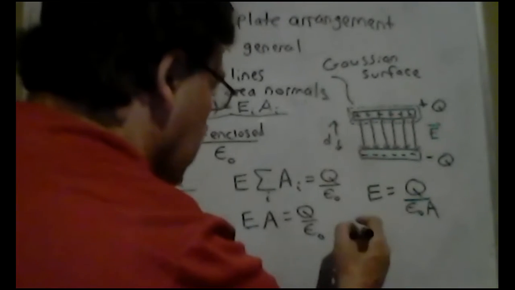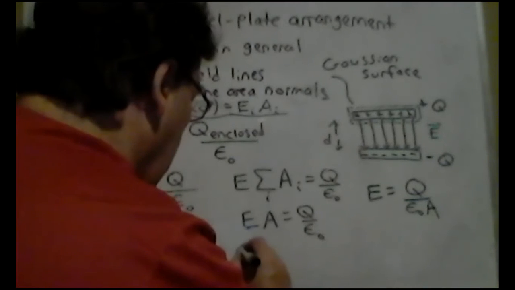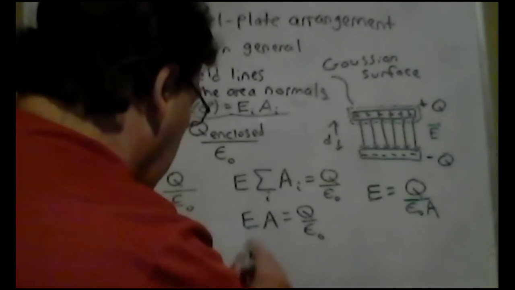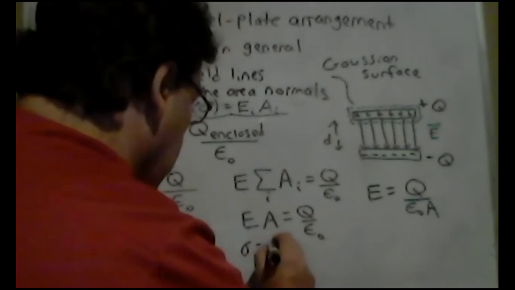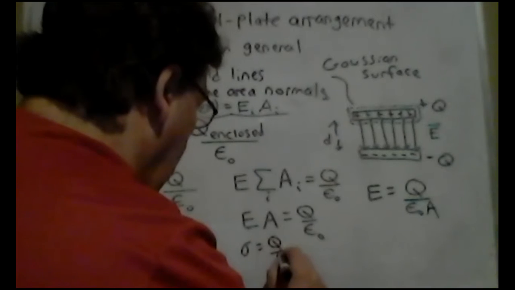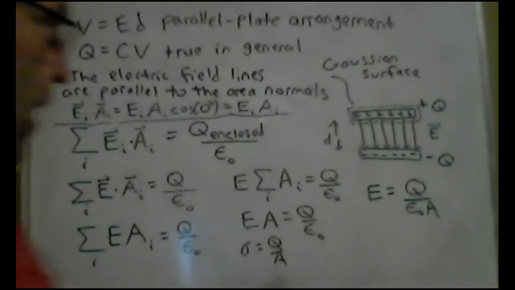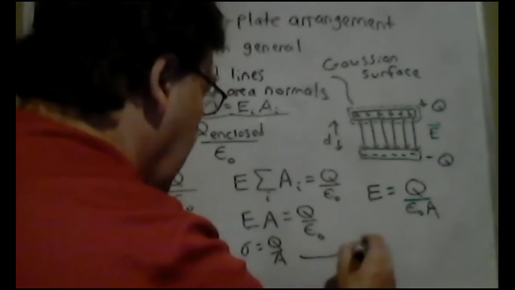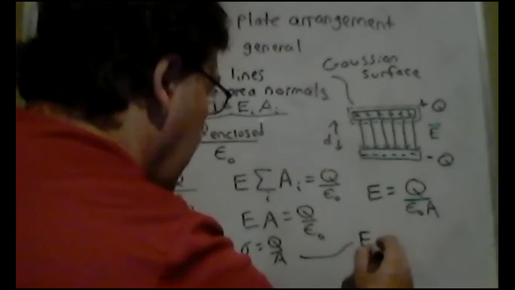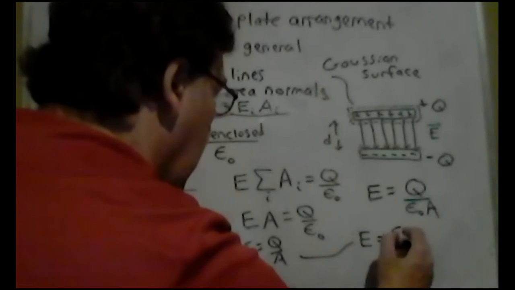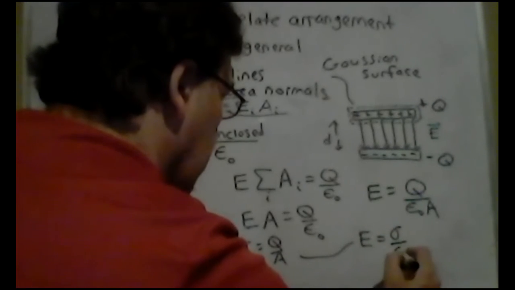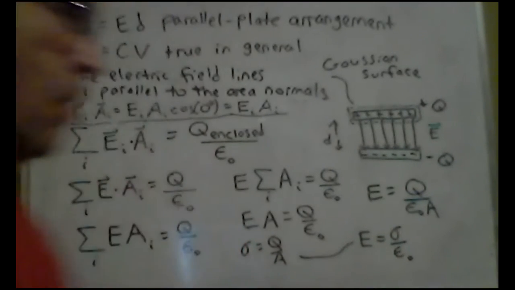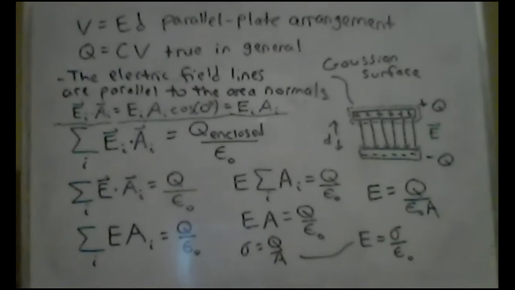They refer to sigma, little Greek s, as Q over A, and they will write this simply as E equals sigma over epsilon naught. That's simply the relationship for the electric field.